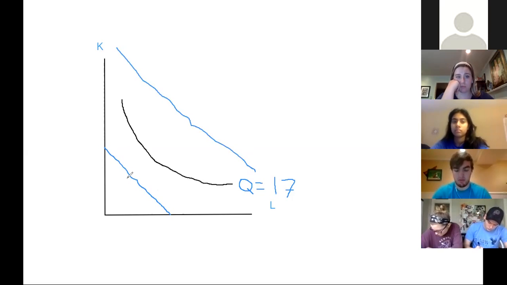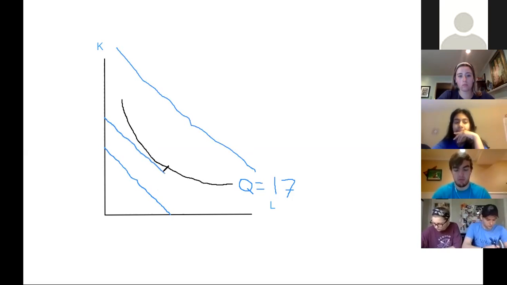The further in you go, the less cost to the firm, right? And you won't be surprised if you've had micro to realize that the ideal capital-labor ratio is going to be at a tangency to our isoquant. Okay, so imagine that that is a tangency right there.